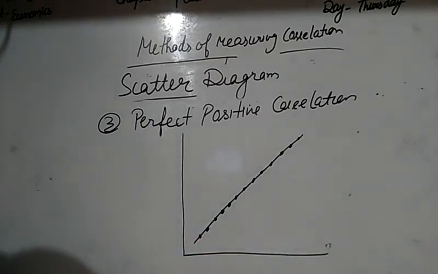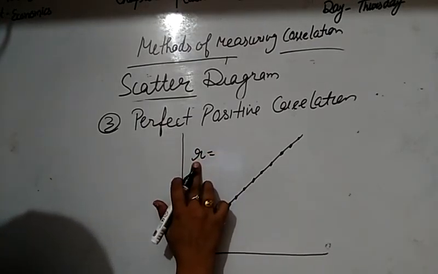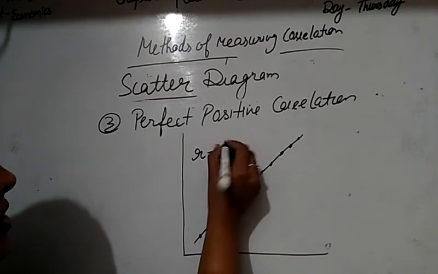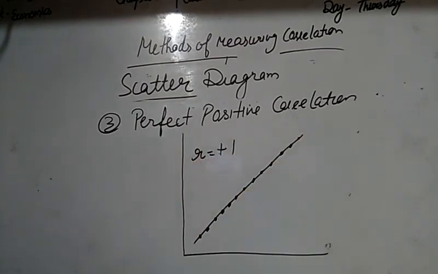Okay, students. R denotes correlation, and here correlation is equal to +1. Perfect positive correlation.